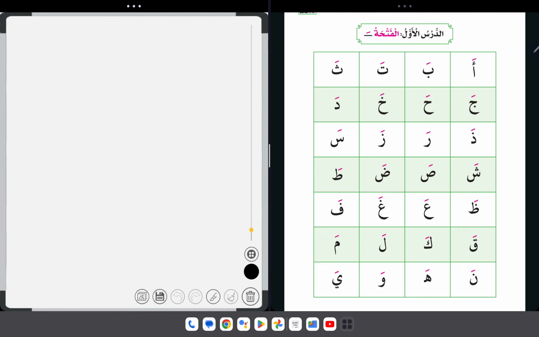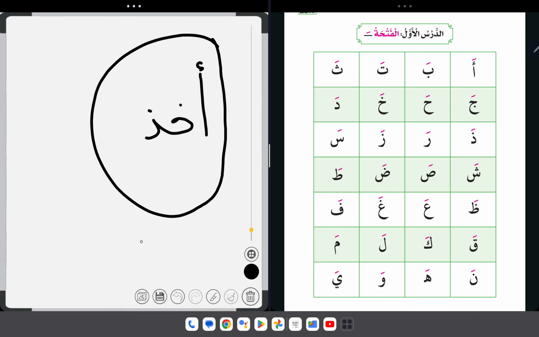For example, now look at this. All I have here in this word are letters. Okay, all I have in this word are letters, just letters.